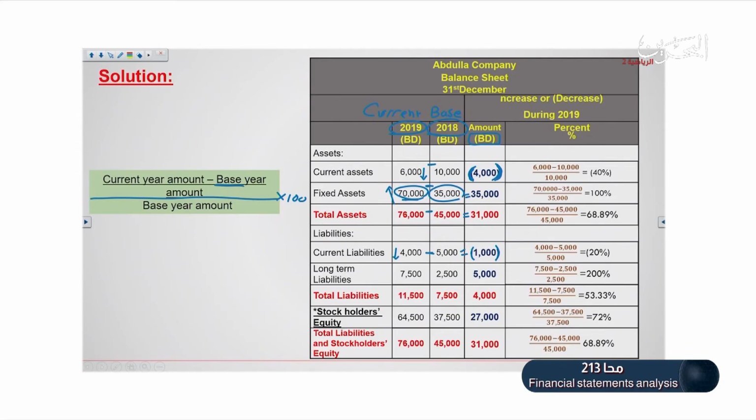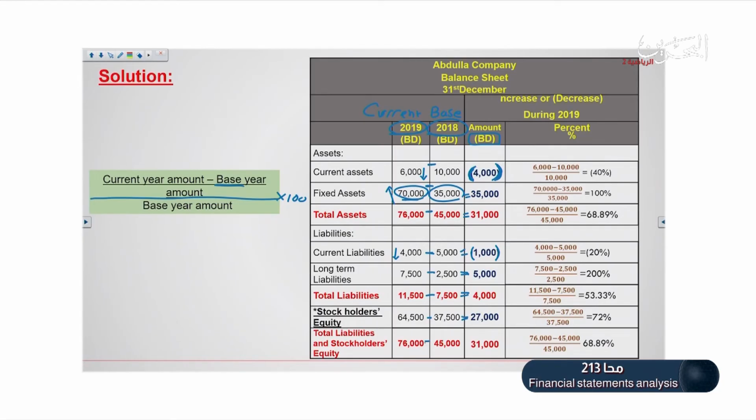Long-term liability, the same, we will deduct 7,500 minus 2,500, we have 5,000. Total liability, 11,500 minus 7,500, the result is 4,000. The same for stockholders' equity.